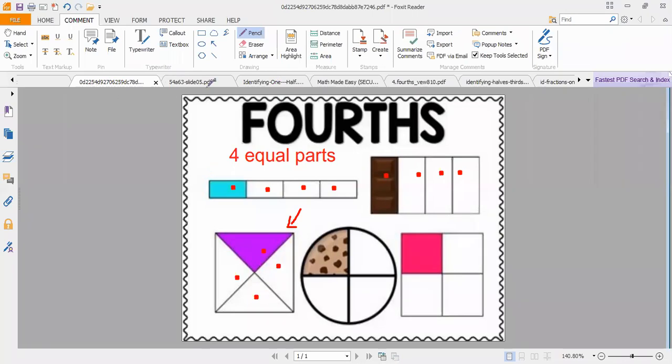Layan, can I say that this shape represents fourths? Yes. Why? Because it has 4 parts. Four equal parts. Yeah, the fourths means four equal parts. Thank you.